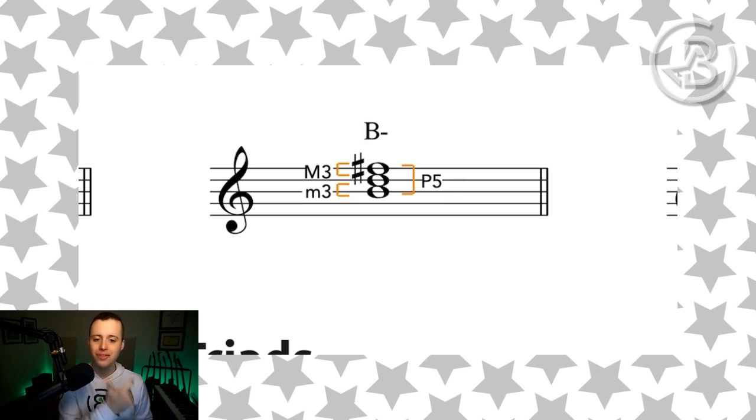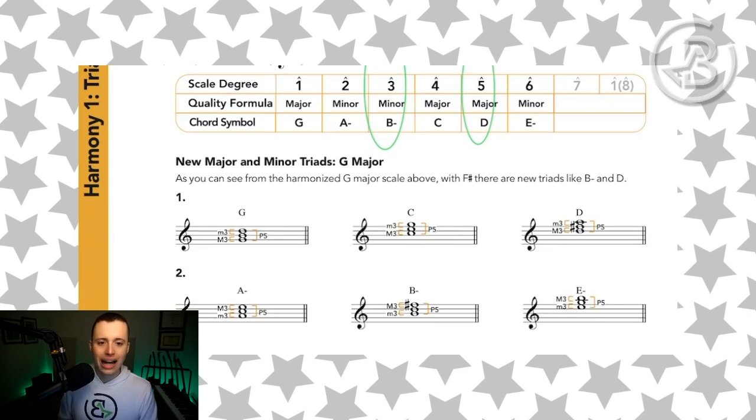D to D sharp or E flat to E to F sharp, and that is 4 half steps, which gets us our major third. And as we know, every minor triad needs to have a minor third from root to third and the interval of a major third from third to fifth. I will see you in the next lesson.